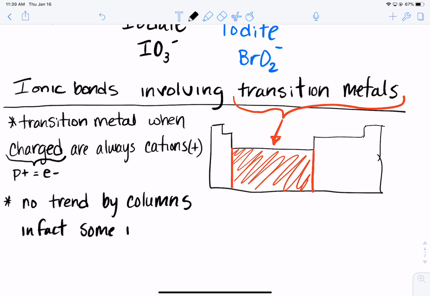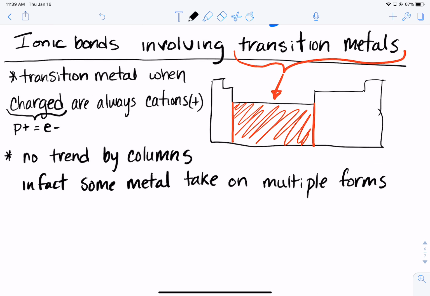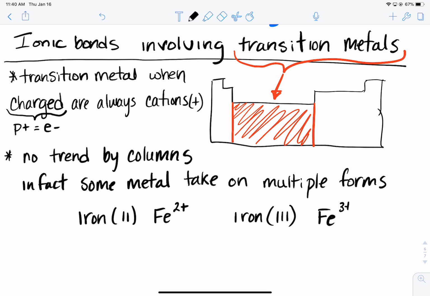some metals take on multiple forms. So an example of that would be iron 2, which is Fe2+, when it gives away 2 electrons. And then iron also can take on the form iron 3, which is iron 3+.